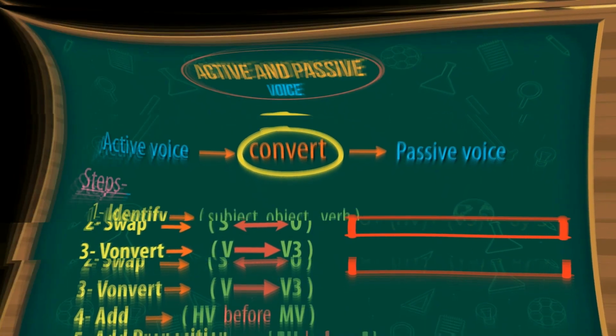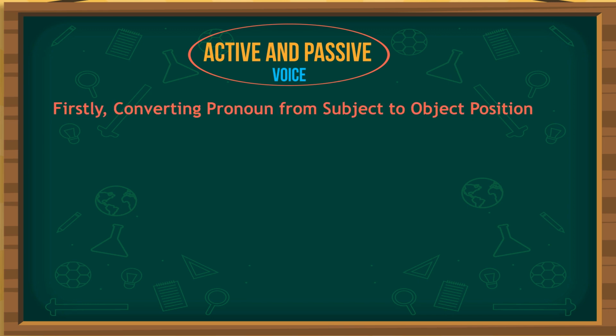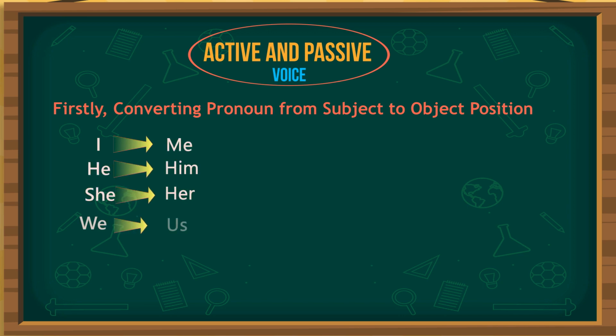There are 2 important things to remember. Firstly, when replacing the subject with the object, if the subject is a pronoun, the conversion will be like this. I will become me, he will become him, she will become her, we will become us, they will become them, and who will become whom.